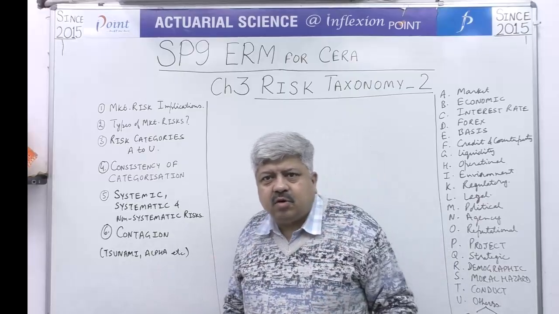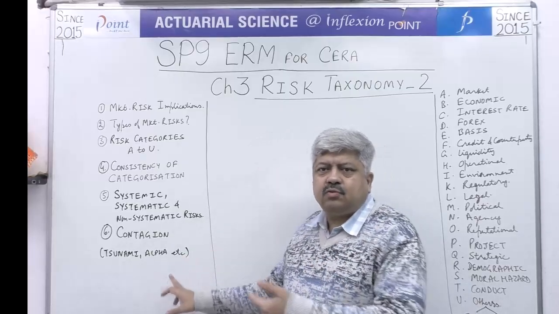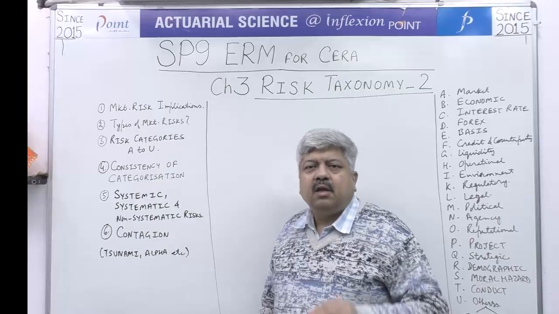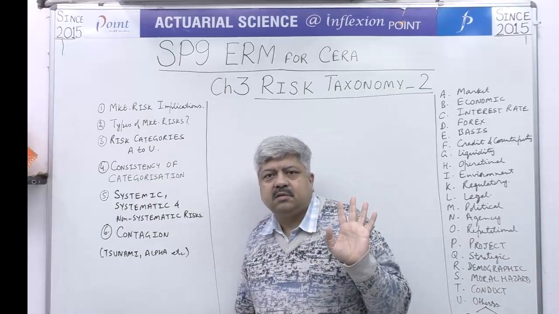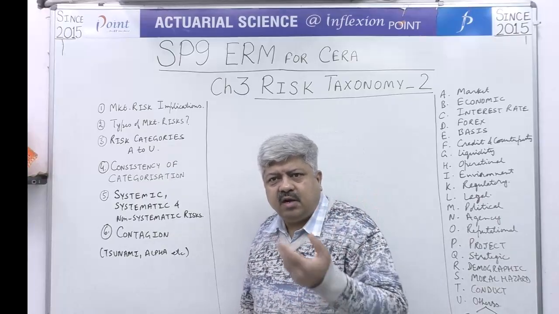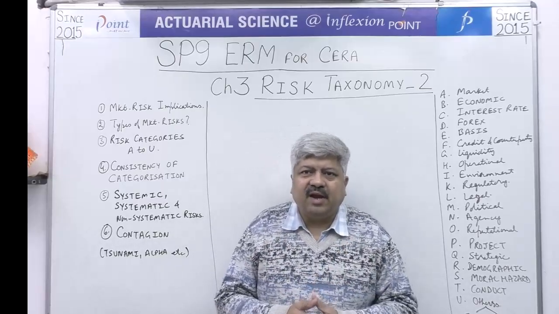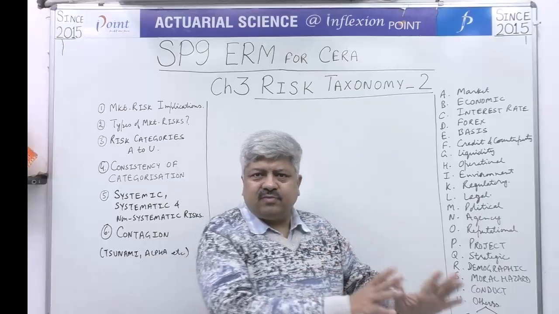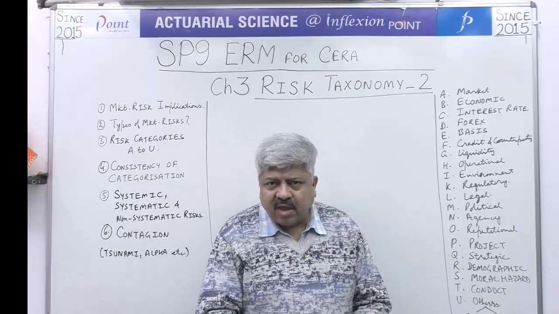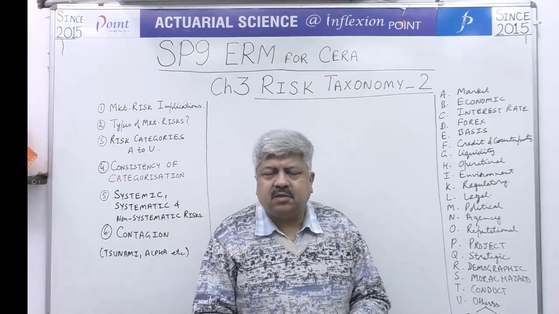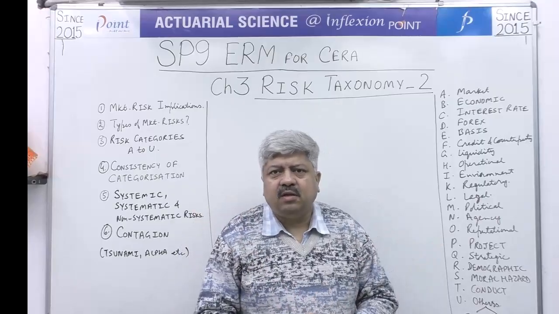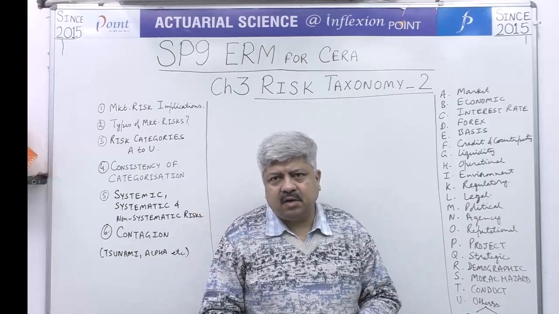All that swagger is gone. It is a thing of the past post the 2007-2008 global financial crisis. So we have learnt our lessons. We have learned some humility, that there are certain limitations. And that gave an impetus to this evolving field called ERM, Enterprise Risk Management.